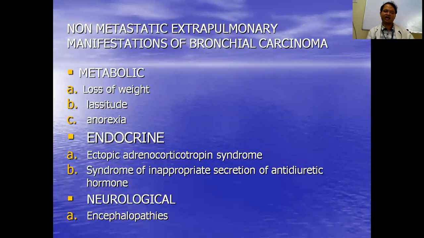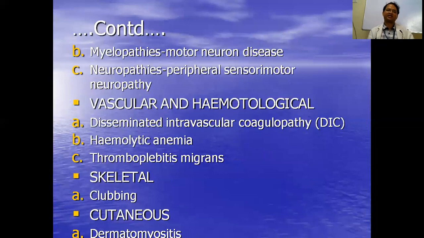Endocrine changes like ectopic adrenocorticotropic syndrome, where the ACTH hormone will be produced excessively, syndrome of inappropriate secretion of ADH hormone, SIADH, and neurological changes like encephalopathies, myopathies, and neuropathies, and vascular and hematological disturbances like disseminated intravascular coagulation, hemolytic anemia, migratory thrombophlebitis can occur.